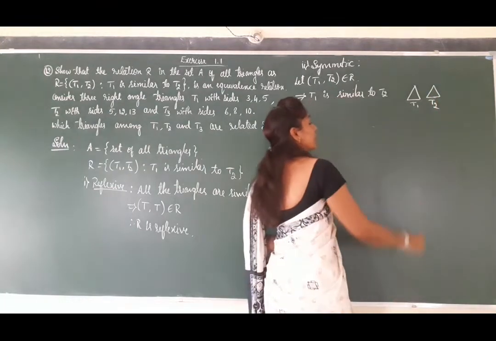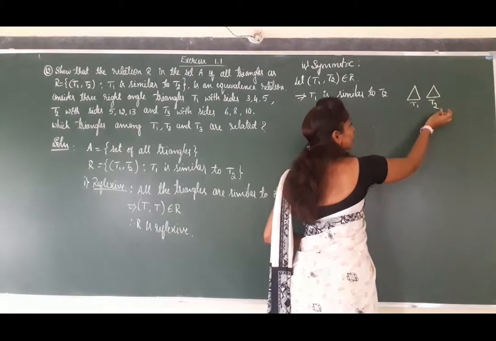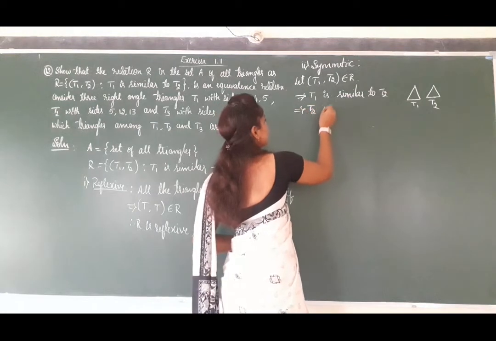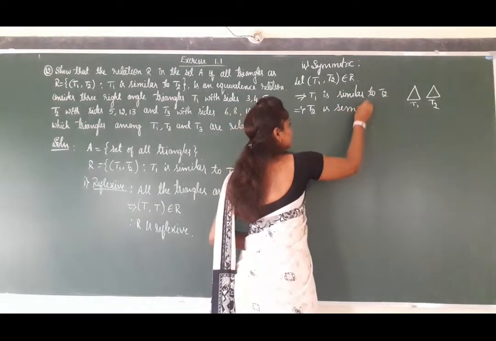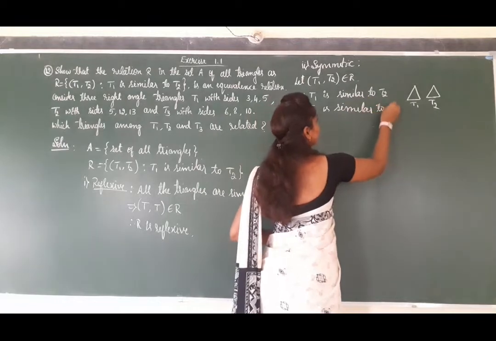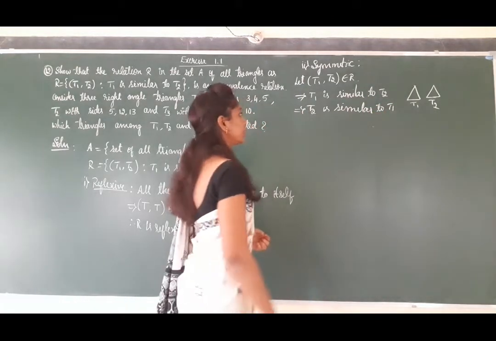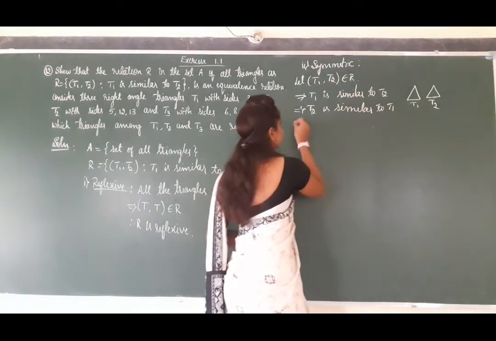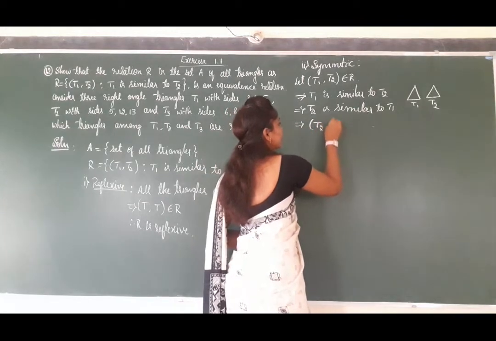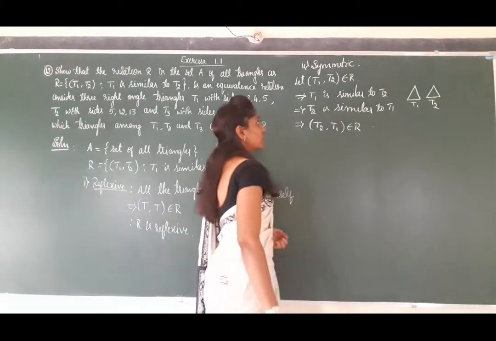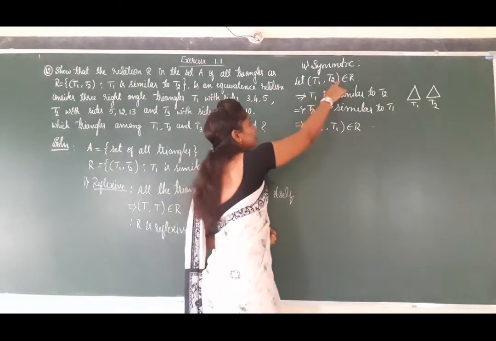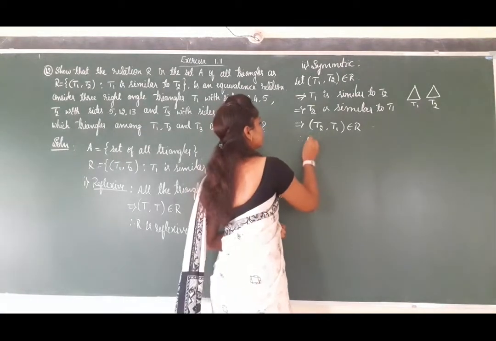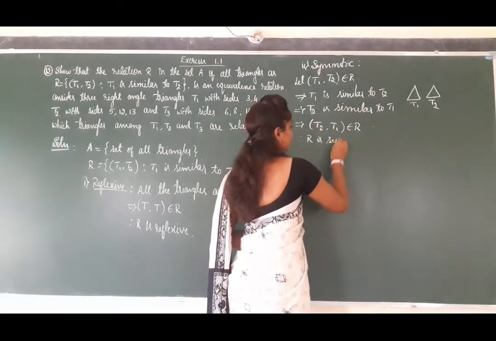Then what we observe here, T1 is similar to T2 means obviously T2 is also similar to T1. T2 is similar to T1 means the ordered pair (T2, T1) belongs to R. First (T1, T2) belongs to R, then we show (T2, T1) belongs to R. Therefore, R is symmetric.